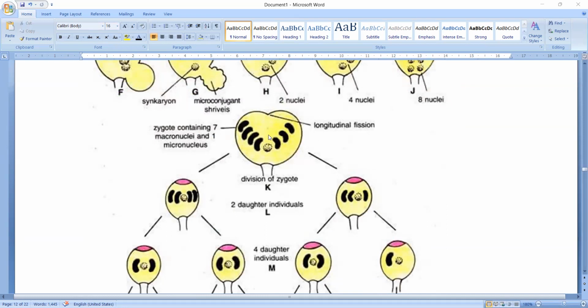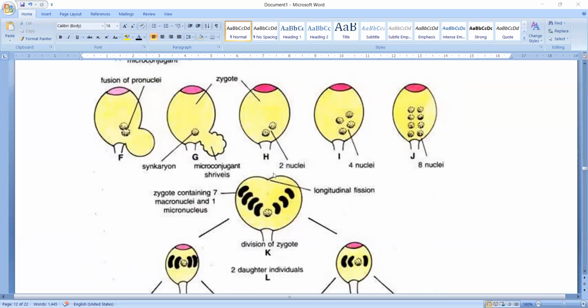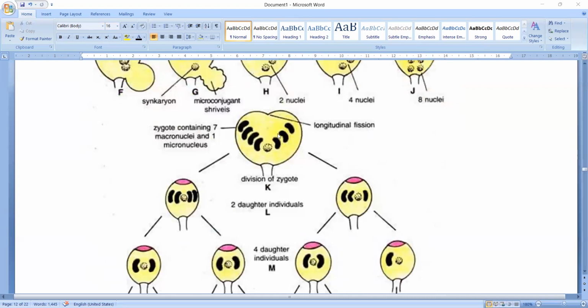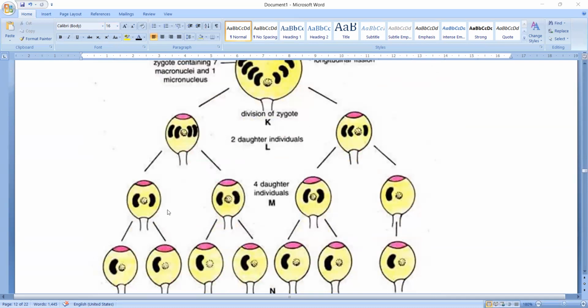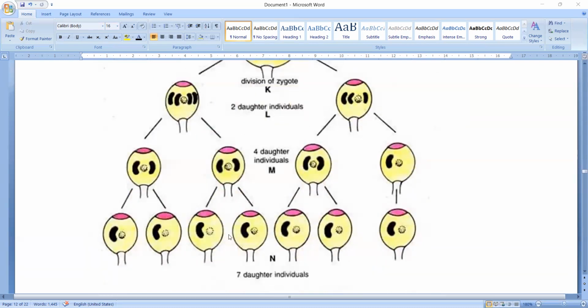From here the division takes place: 3 plus 1 here, 4 plus 1 here. Then the 4 plus 1 divides again, and ultimately 4 daughter offspring, or daughter Vorticella, are formed.